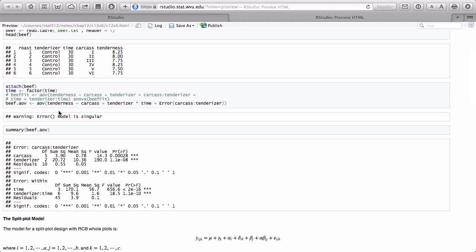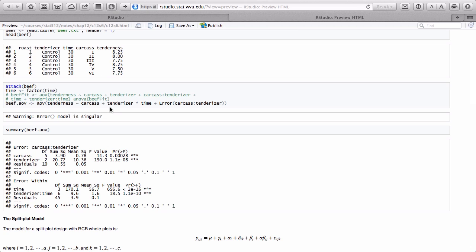I was playing around with some other things; this aov call should be on another line, that's where the first statement ends, but I decided to run it this way. So what this really is: carcass plus tenderizer plus time plus tenderizer by time, and then the error term is carcass by tenderizer.